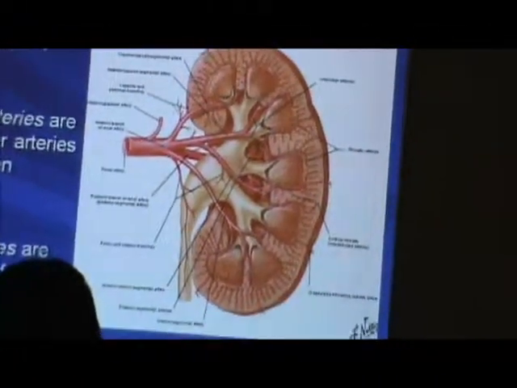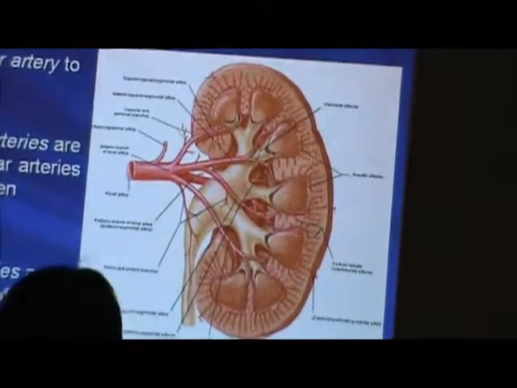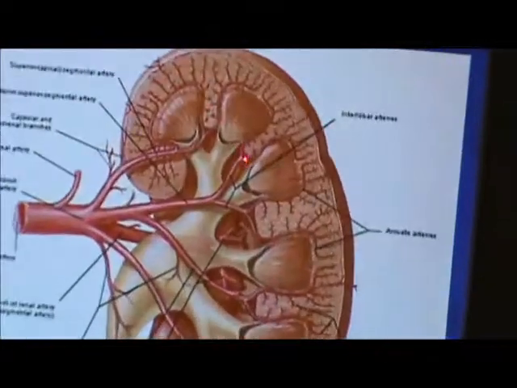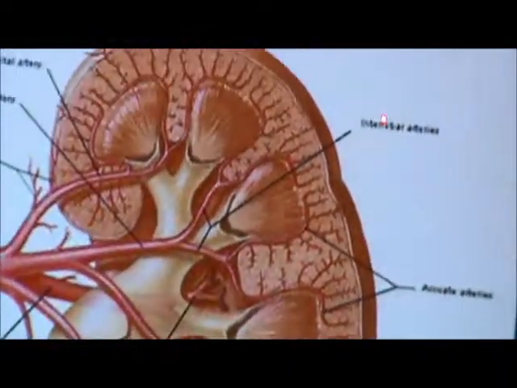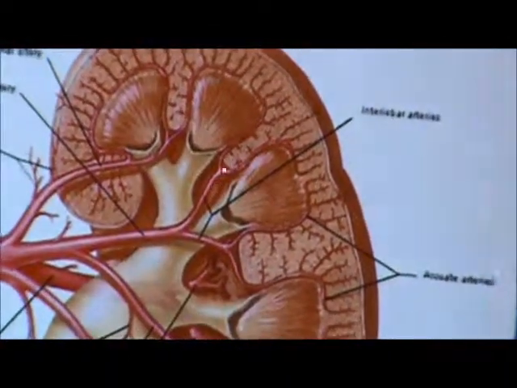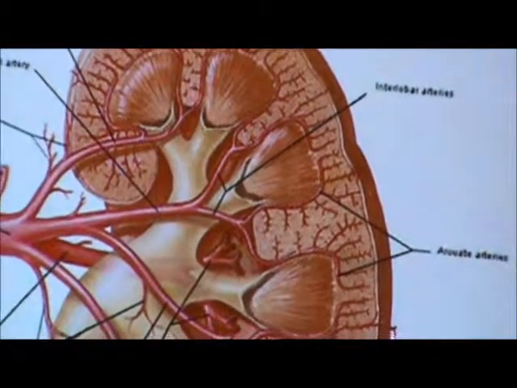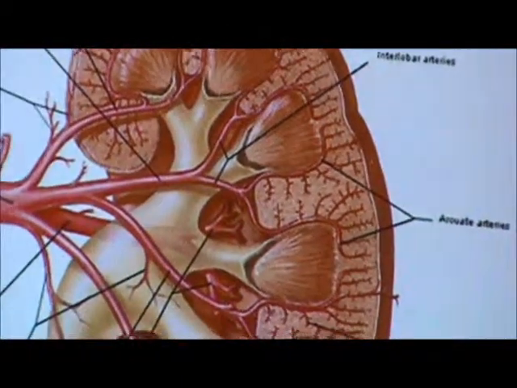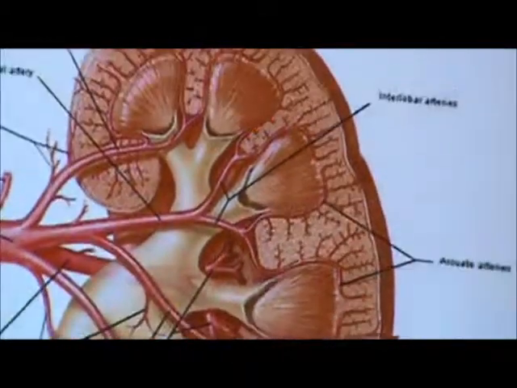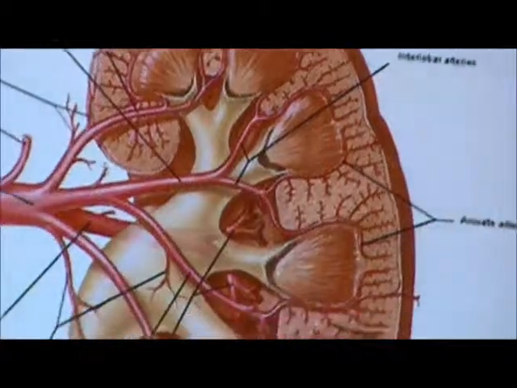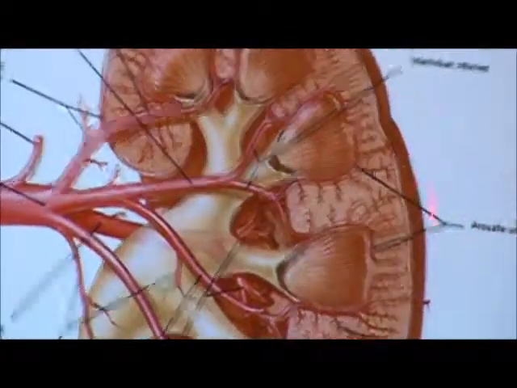These are the interlobar arteries. So the lobar artery divides into the interlobar arteries, which travel between the pyramids. So that is correct. Be careful of this picture.